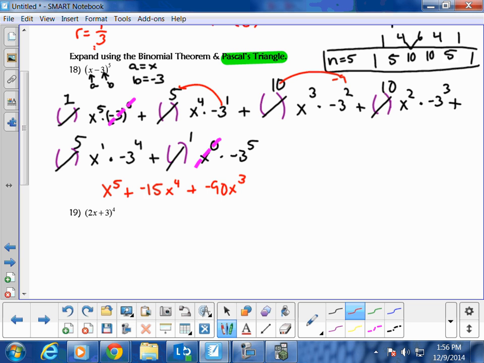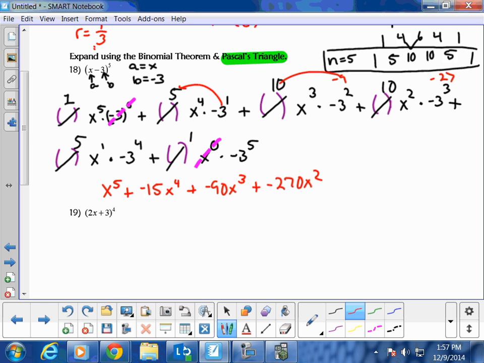And then from here, this is going to be negative 27 times 10, which is negative 270 x squared. And then this is going to be negative 3 to the 4th power, which I think is 81, but it should be 81.